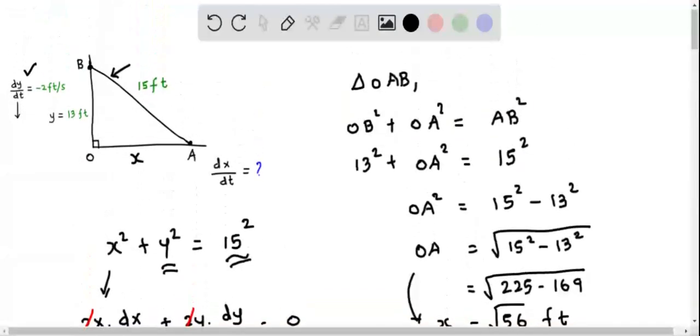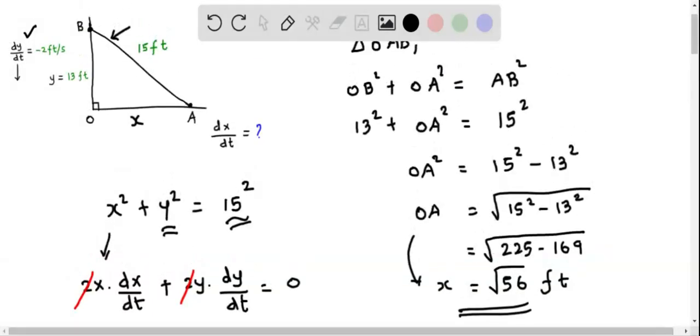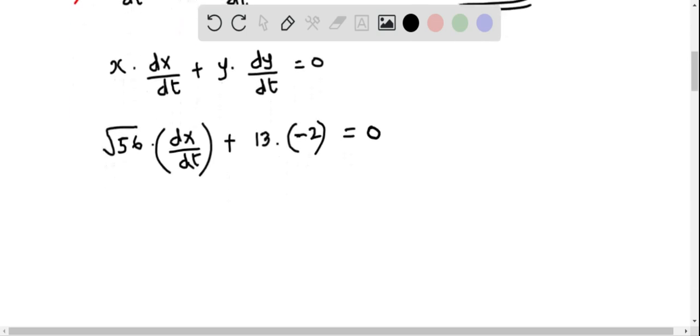The y is given as 13 feet, so I put 13 times dy/dt, which is given as negative 2 feet per second. So I put negative 2, and this equals 0. Now we can solve for dx/dt. So I write the square root of 56 times dx/dt, and 13 times negative 2 is negative 26, and this equals 0.